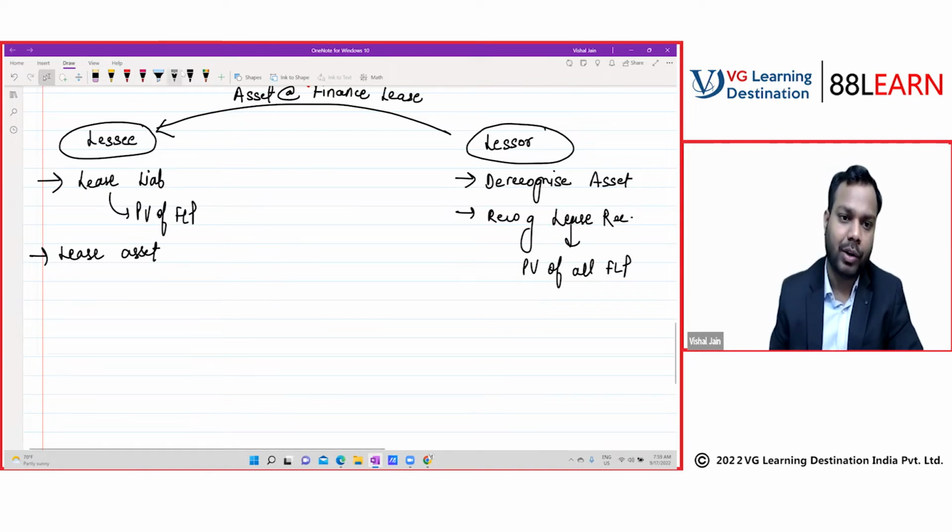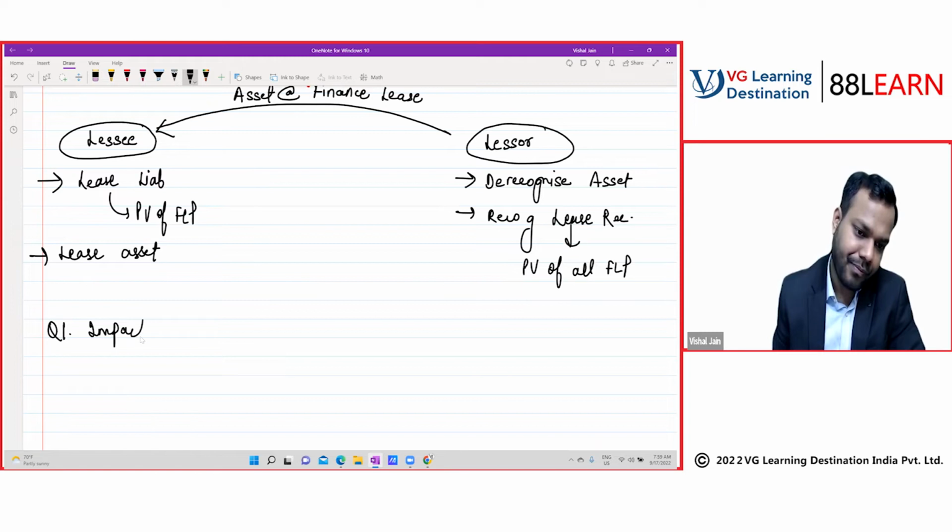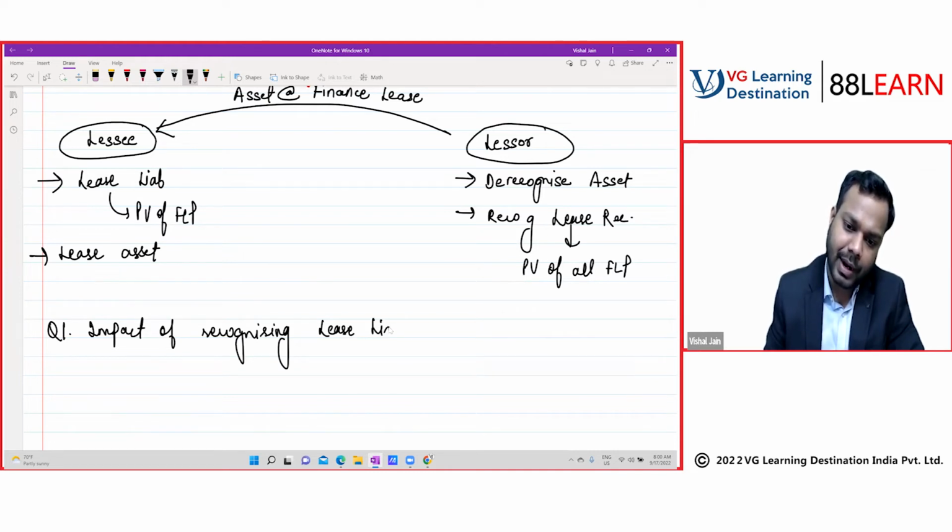I am giving you certain questions. You think around that and tell me why. Question number 1: what is the impact of recognizing lease liability? This is my first question.